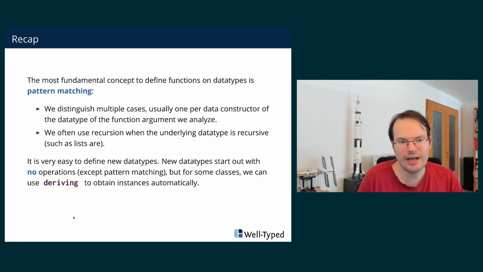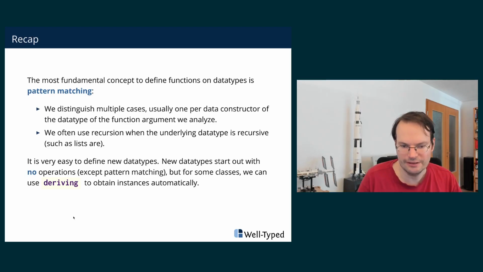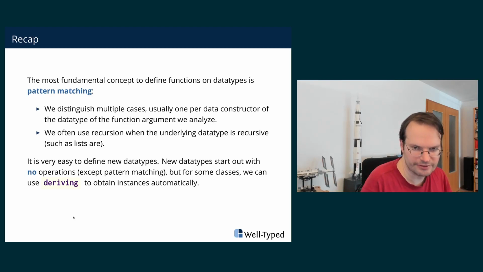Let's recap once more. So at the beginning of the introduction, we have been looking at expressions, and then we have been looking at types for quite a bit, and then we have been looking at bindings. But now in this final part, we have really been looking at pattern matching and defining new data types.